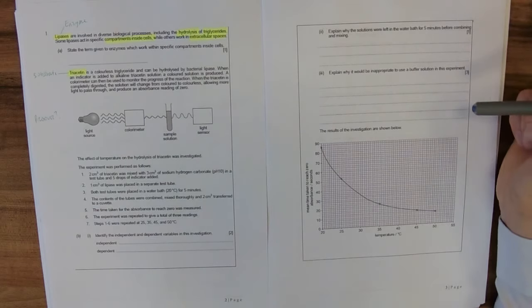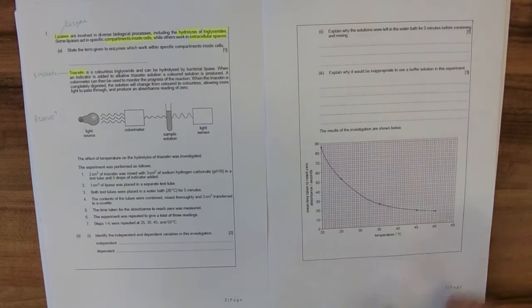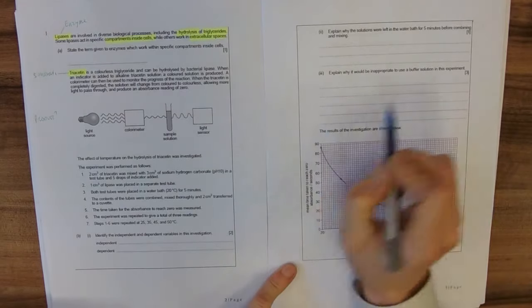Why would we not want to use buffer solution? And 3 marks, so you need to say 3 separate things there. And really, it interferes with our dependent variable. So you need to ask yourself, why is this solution changing colour?